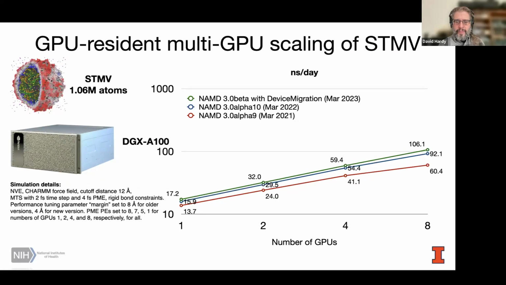And of course, I showed you the STMV scaling earlier as well. We've made some great advancements to our performance, going from our NAMD 3 alpha releases to today's NAMD 3 beta releases.